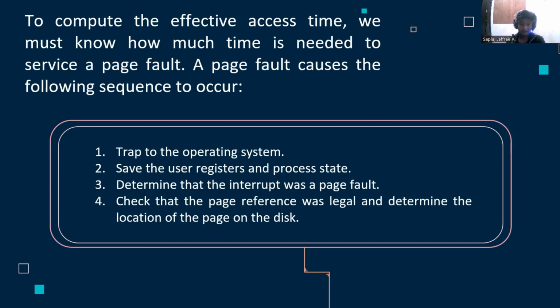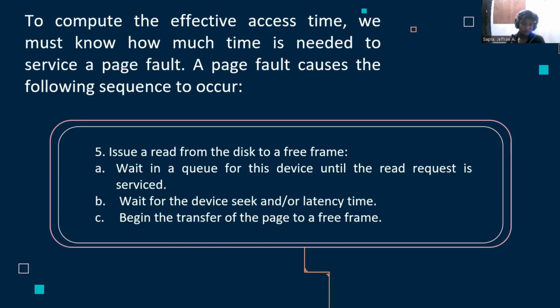Check that the page reference was legal and determine the location of the page on the disk. Issue a read from the disk to a free frame. Wait in a queue for this device until the read request is serviced. Wait for the device seek and/or latency time. Begin the transfer of the page to a free frame.